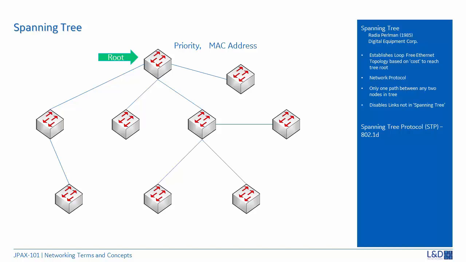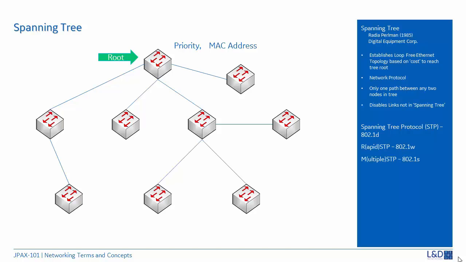Since the days of creation of 802.1d, many enhancements have been made to try to improve upon both the performance of and the applicability of spanning tree. This included Rapid Spanning Tree, which is RSTP 802.1w, Multiple Spanning Tree Protocol, known as MSTP, which is 802.1s, for spanning trees with VLANs, and Shortest Path Bridging, SPB, which is 802.1aq.